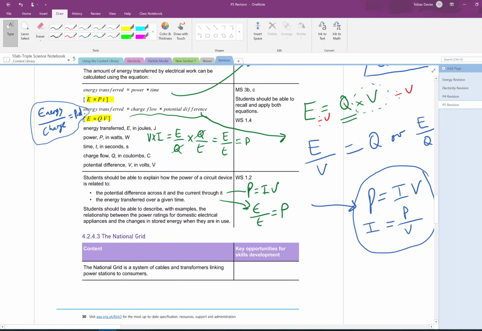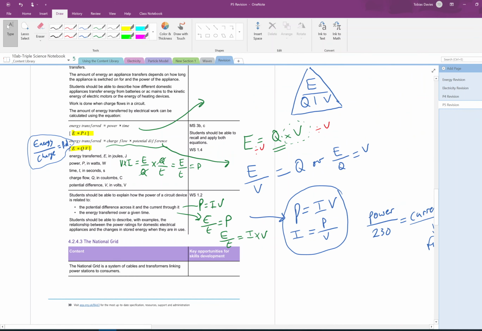And if anything was particularly nasty, either in your upcoming exams or future exams, you might have to equate those two. So you could have energy over time is equal to current multiplied by voltage. That could be fun or not.